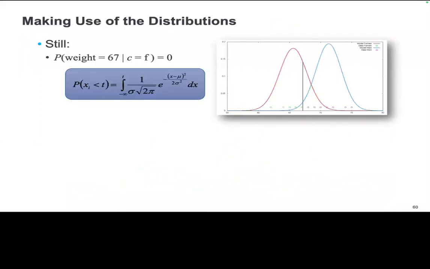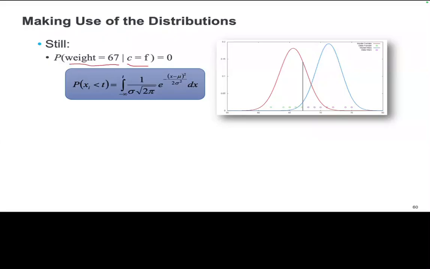Now, how can I use these distributions in order to classify with a Bayesian classifier? What I do here is I'm interested, for example, in classifying into female or male Bernardiner dogs. And if the class is female, I can ask the question, what is the probability if the weight is 67 kilograms?